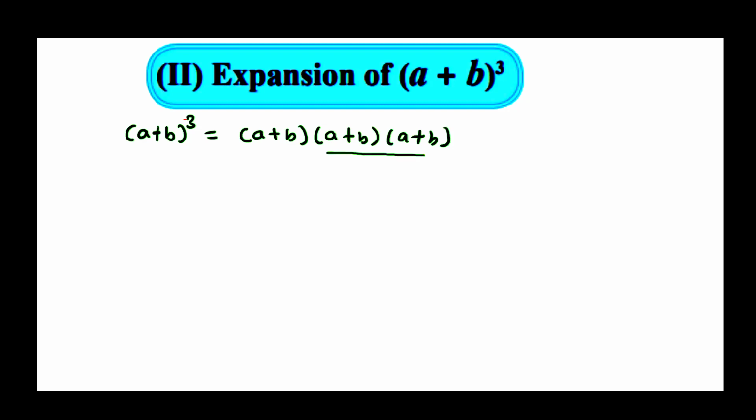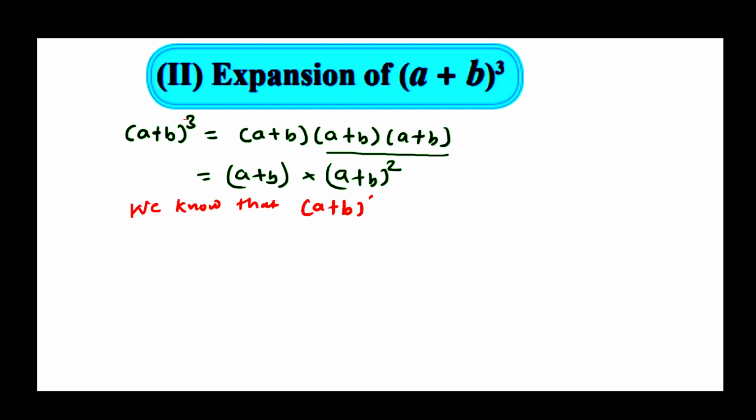Here (a plus b) into (a plus b) means (a plus b) bracket square. So (a plus b) cube is equal to (a plus b) multiplied by (a plus b) bracket square. We know that (a plus b) bracket square is equal to first term square, a square, plus twice ab plus second term square.